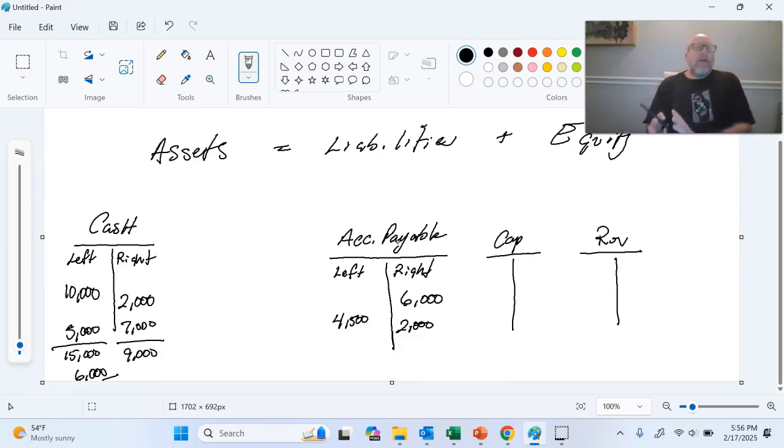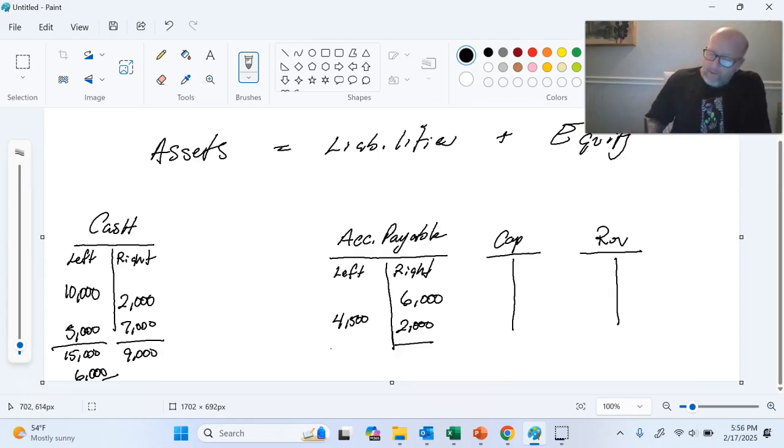Since liabilities are on the right side of the accounting equation, we typically refer to them as right side accounts, meaning if I want to increase something on the right side of the accounting equation, I would increase that account with the right side of the T account.